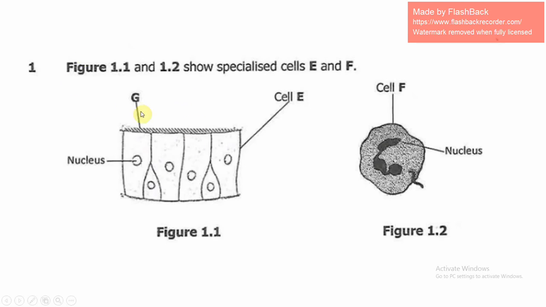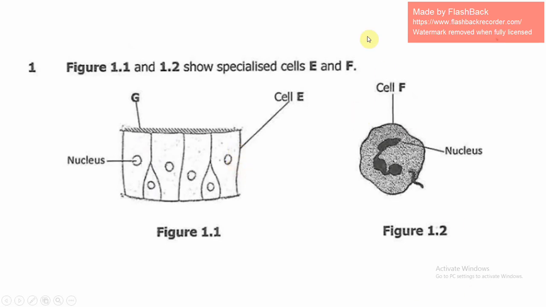Take note, if we say that there are two types of cells, plant and animal cells, specifically looking at this one, since it has the cilia, it should be an animal cell. I'll explain that in a bit.